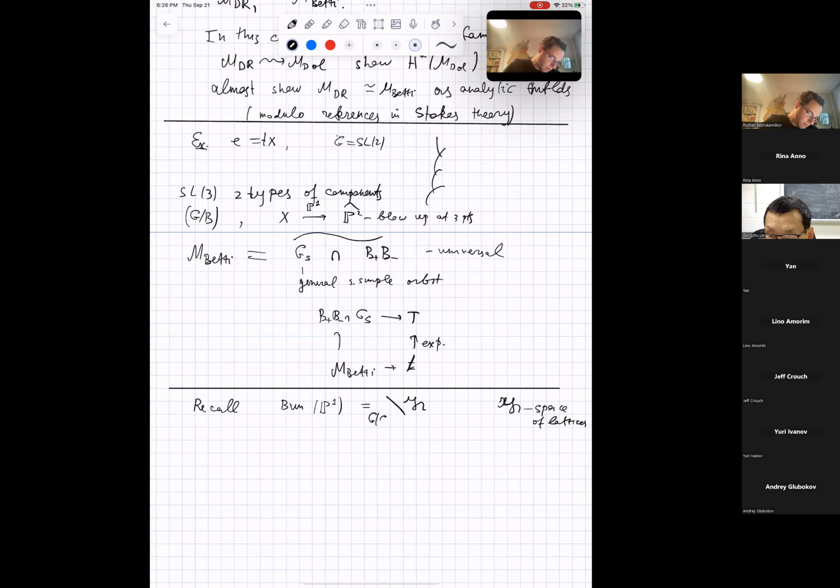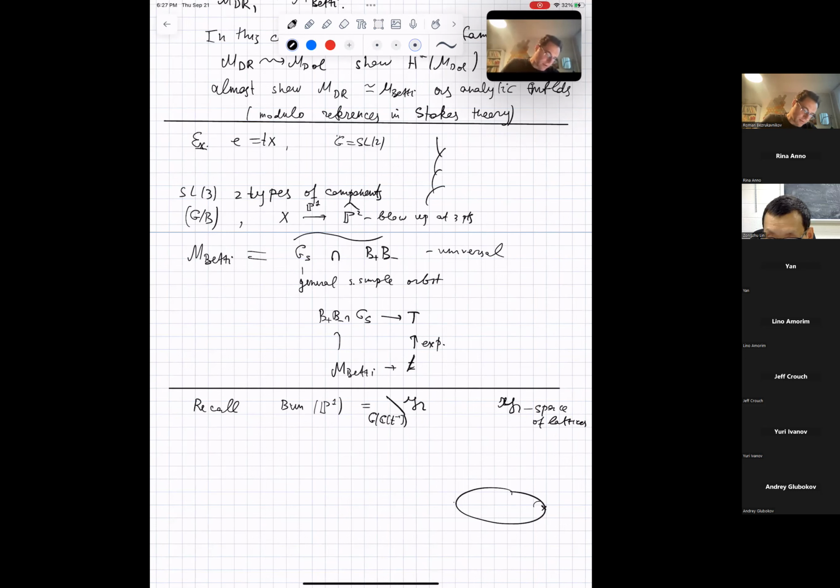G of C of T inverse, right? So this is the standard thing that you have the projective line, and you have a G bundle, and you can trivialize it away from 0, and then you get a point.